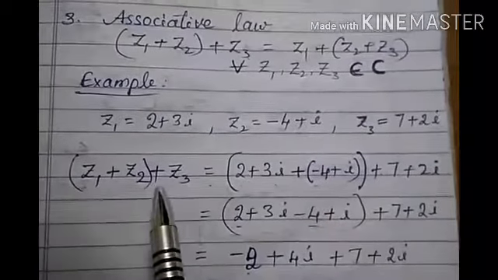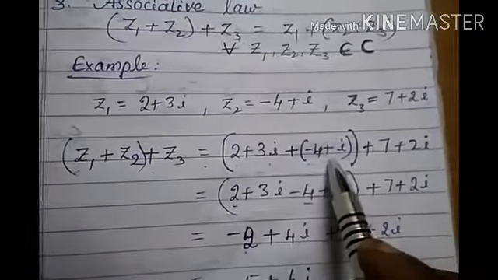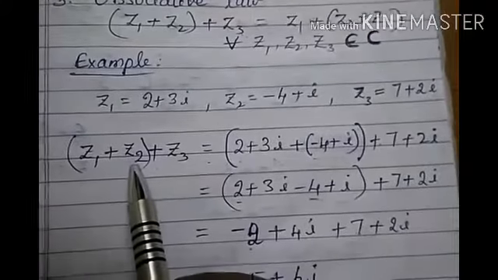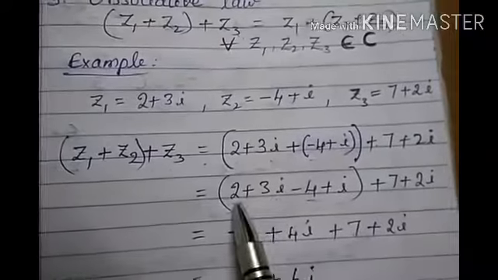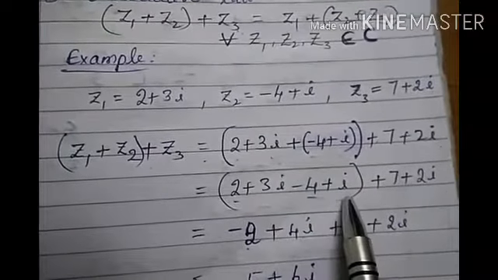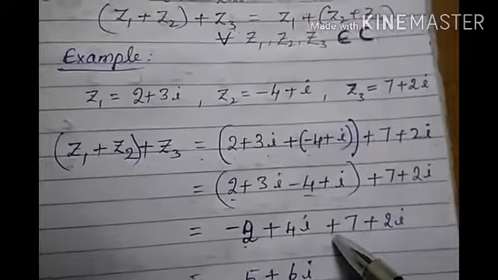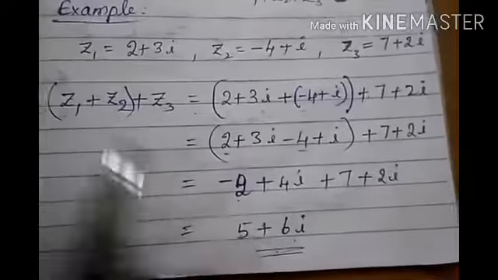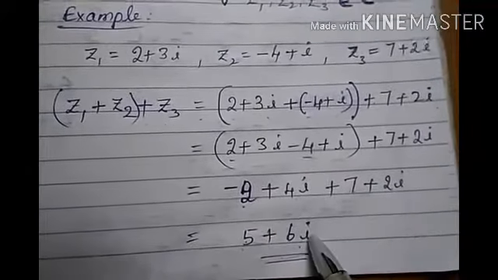(Z1 plus Z2) plus Z3 equal to (2 plus 3i plus minus 4 plus i) plus 7 plus 2i. Here we are adding Z1 plus Z2 first and then Z3. 2 plus 3i plus minus 4 plus i gives minus 2 plus 4i, which is again added to 7 plus 2i, which gives minus 2 plus 7 gives 5 and 4i plus 2i gives 6i.